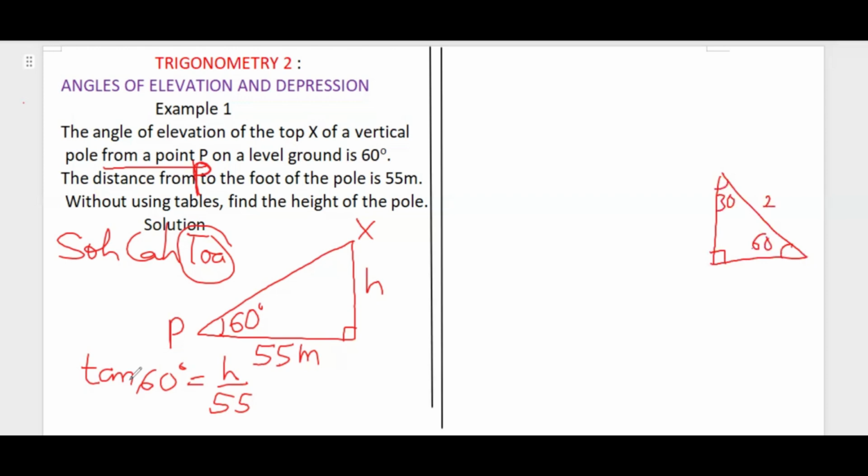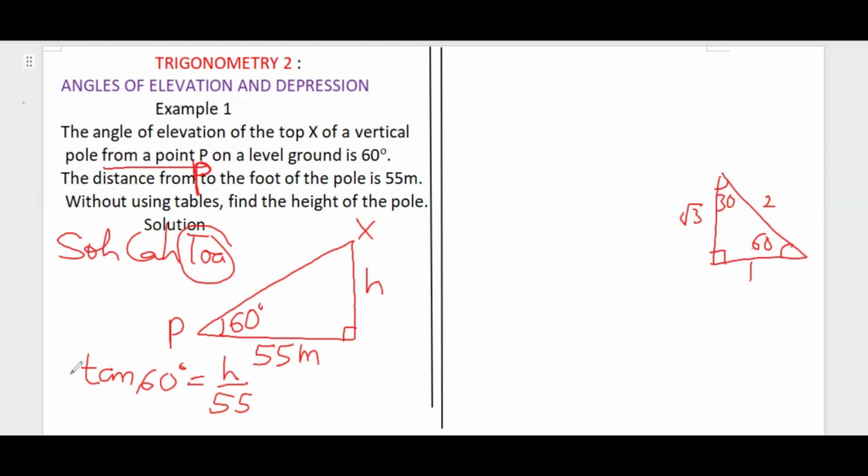So we have 2 here, √3 here, and 1 here. There's a way this ratio of sides is derived. So when you have something like this, just take note of this triangle. There is one of 45 degrees too. So we want to get tan 60. Tan 60 is opposite, which is √3, over adjacent 1.